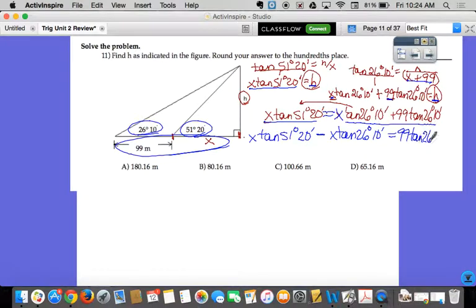This term just sits over here and waits patiently until you need to do something with it. Now, you have got to get it down to 1x, so factor it out. Tangent 51 degrees, 20 minutes, minus tangent 26 degrees, 10 minutes, equals, same thing, just keep copying it.